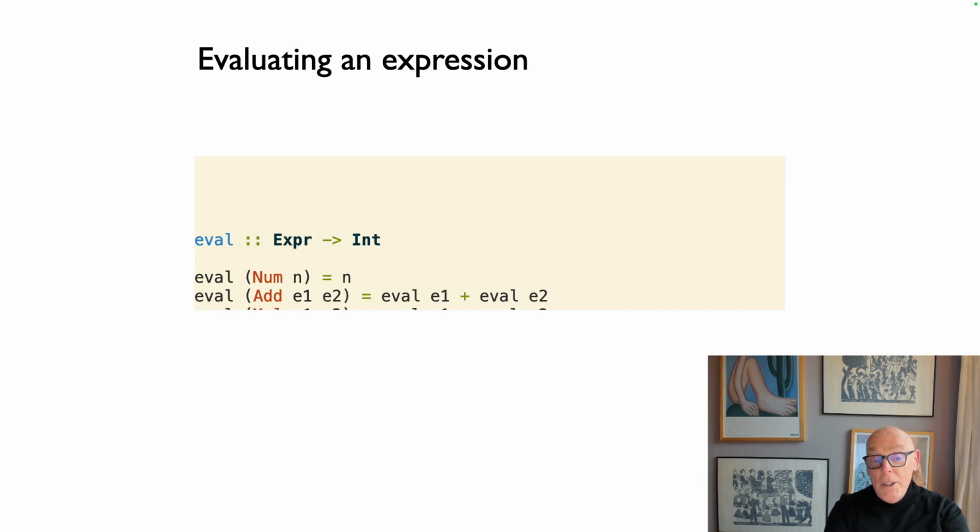And what we need to do is work out the value of the first, which will be a number, and the value of the second, which will be another number, and add those 2 together as numbers to give us a number. So the evaluation of the expression add turns into an addition over numbers. And similarly, for multiplication, we evaluate the 2 sub-expressions and multiply the results together.